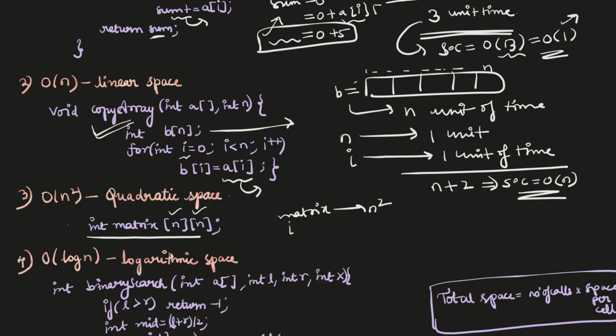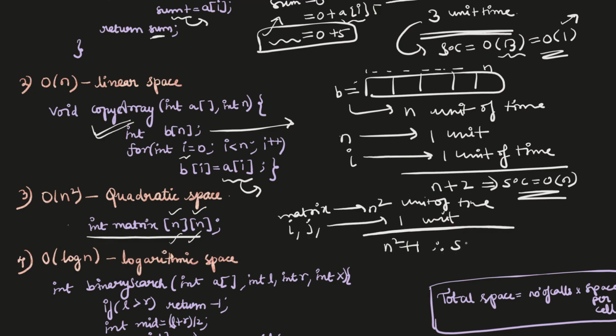Any variables other than this, like i, j, would obviously occupy just 1 unit each. But when it comes to the matrix, the size is n square. So it occupies n square units. So the total would now be n square plus 1. Therefore, the space complexity would be order of n square.